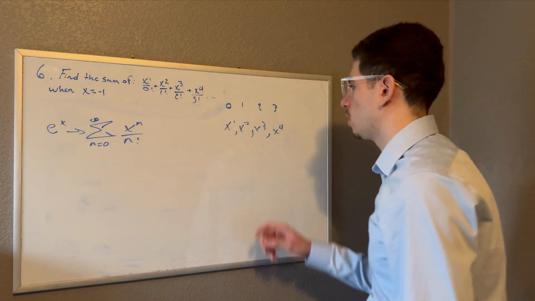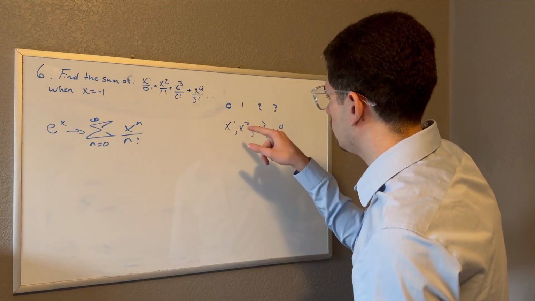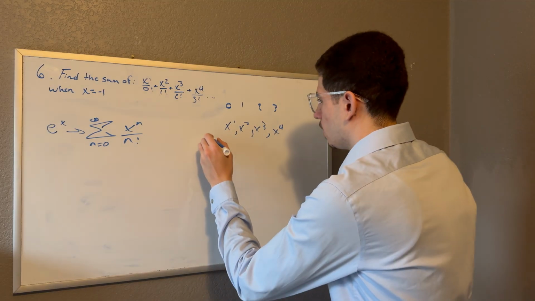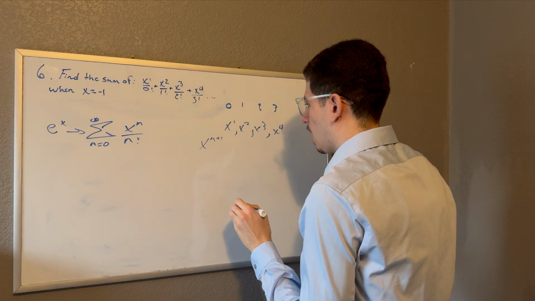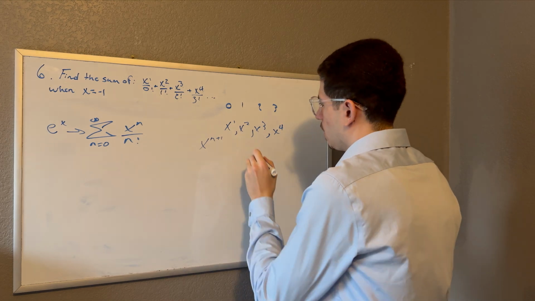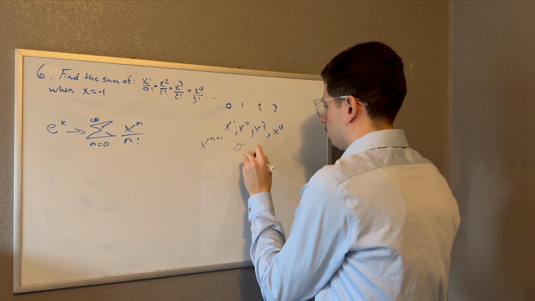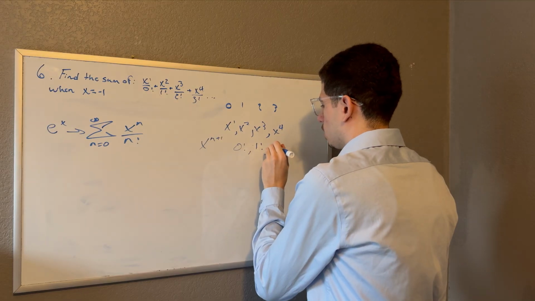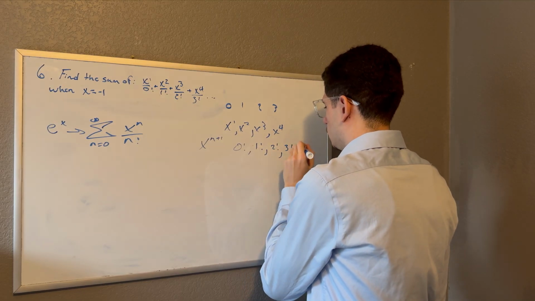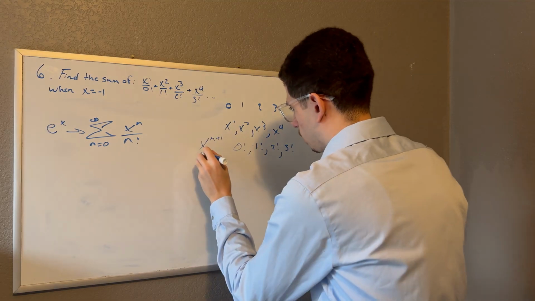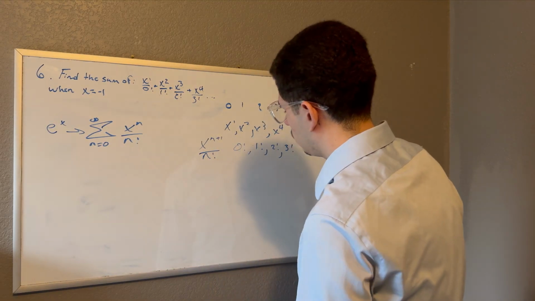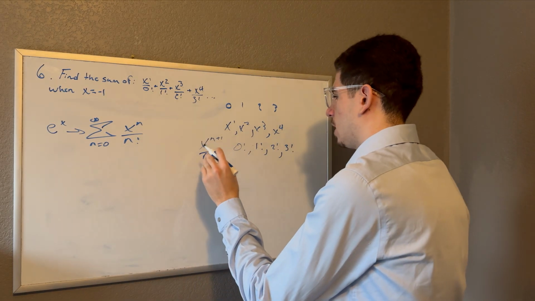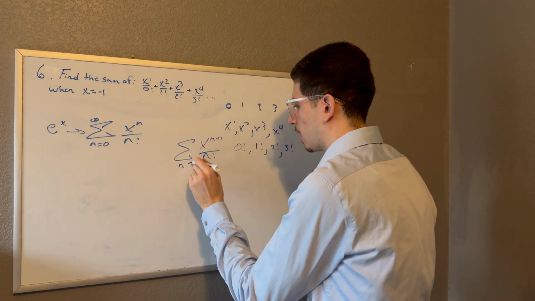So we can notice here that the exponents are all 1 more than these, so we do x plus 1 for the top part. And the bottom part just matches with this, so I don't think we have to do much. Just x into the factorial. And now we found the summation of it, which has to begin at 0.